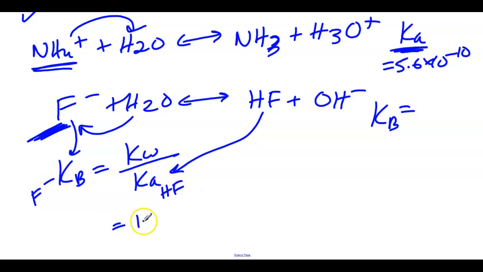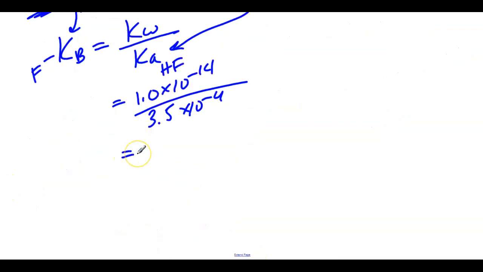So that's going to be 1.0 times 10 to the negative 14 over, for HF, 3.5 times 10 to the negative 4. Okay, so that gives us a Kb value of 2.86 times 10 to the negative 11.